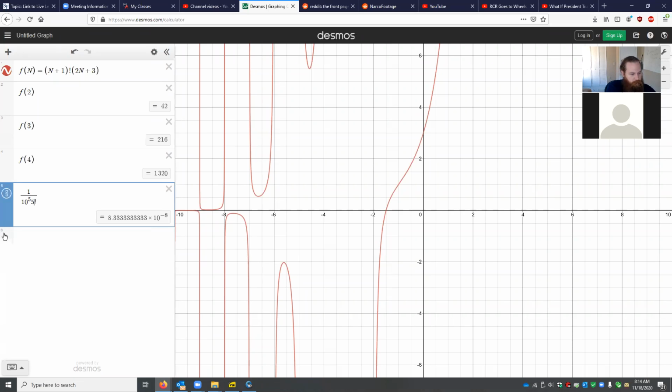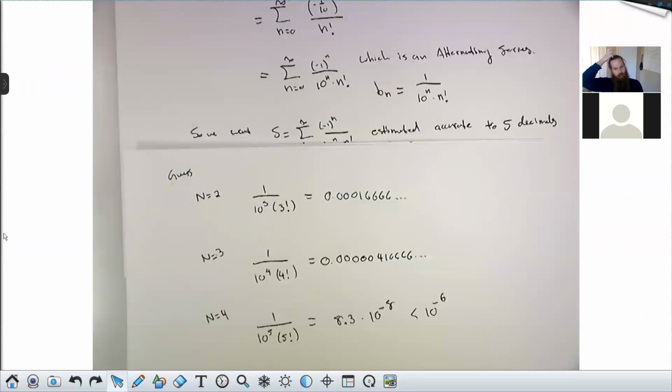Yeah, this is plenty small. So this guy is 8.3 times 10 to the negative 8, which is certainly smaller than 10 to the negative 6. So n equals 4 is more than enough. N equals 3 might be enough. But remember what our goal is.